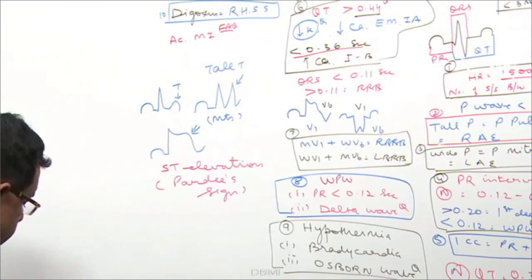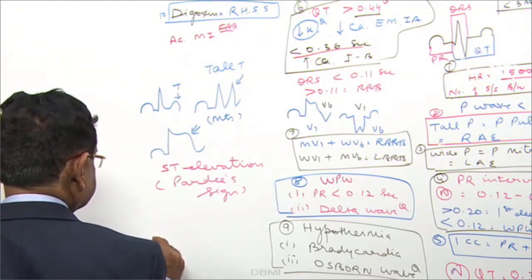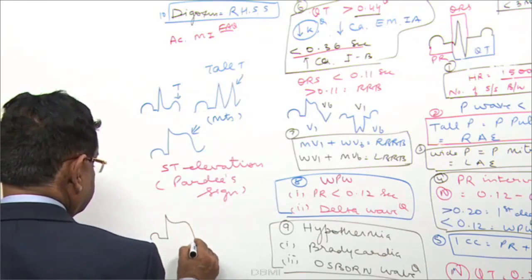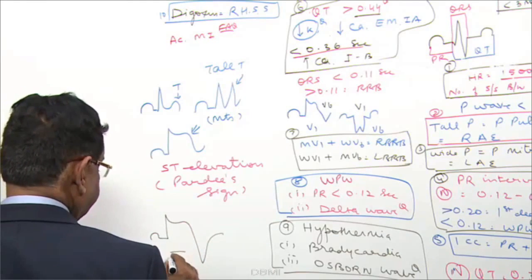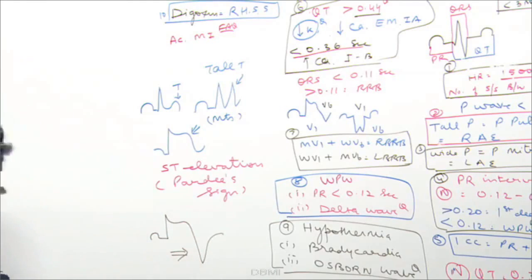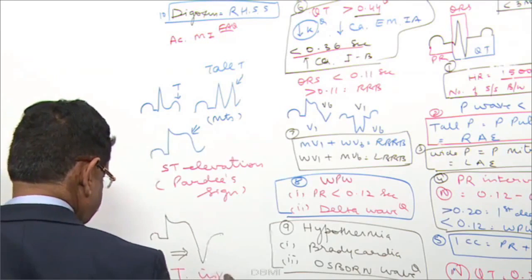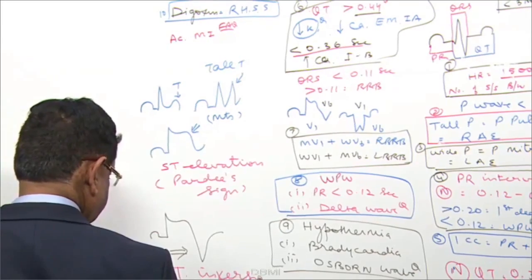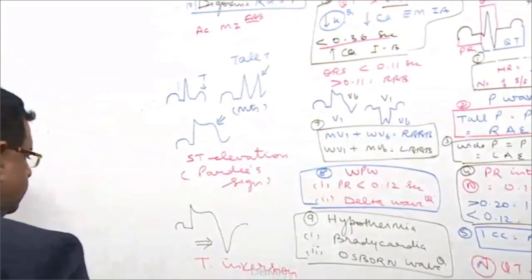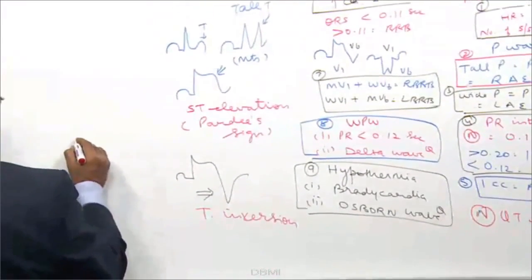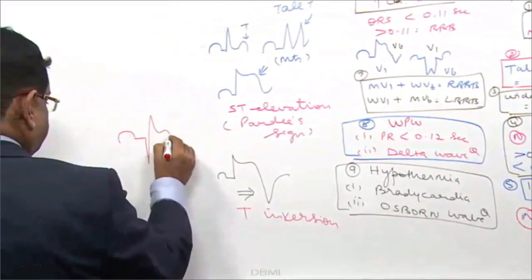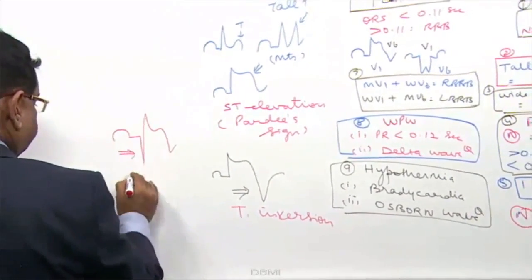After that comes the T inversion. Look, this T wave has inverted. And the last is the Q wave. This is the Q wave.